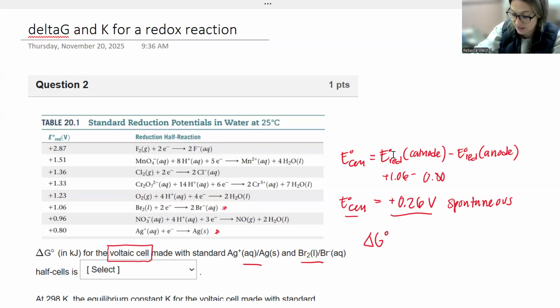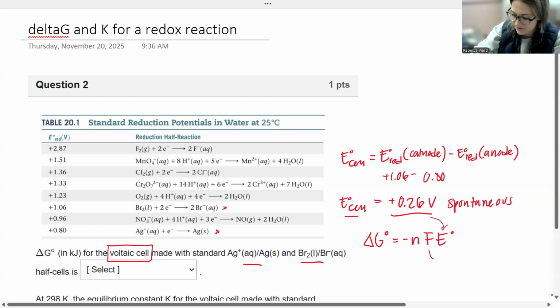That connection is that the standard deltaG equals negative NF times standard E. So that's what we just calculated. F is Faraday's constant. You have that on your exam sheet. I'm going to do it in kilojoules: 96.485 kilojoules per volt mole. And then N is the number of electrons in the balanced redox reaction.